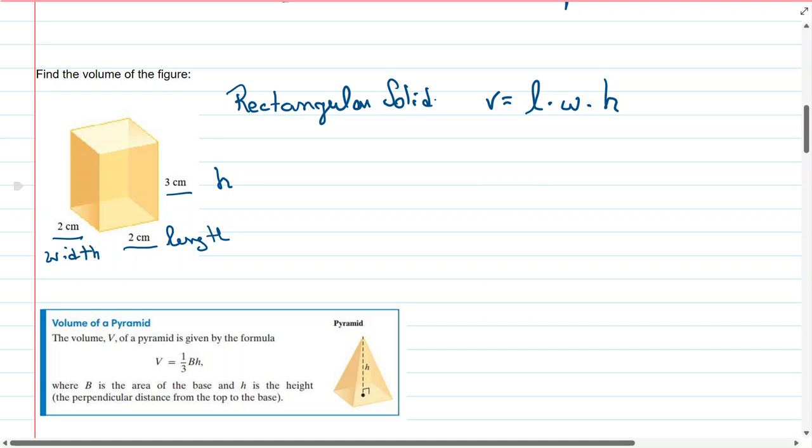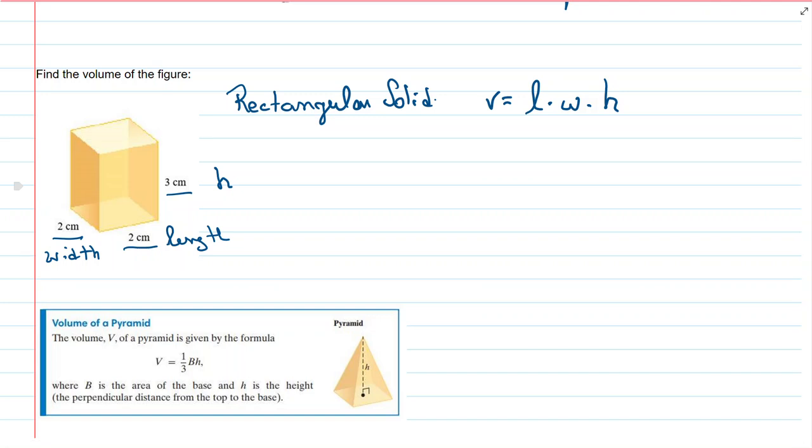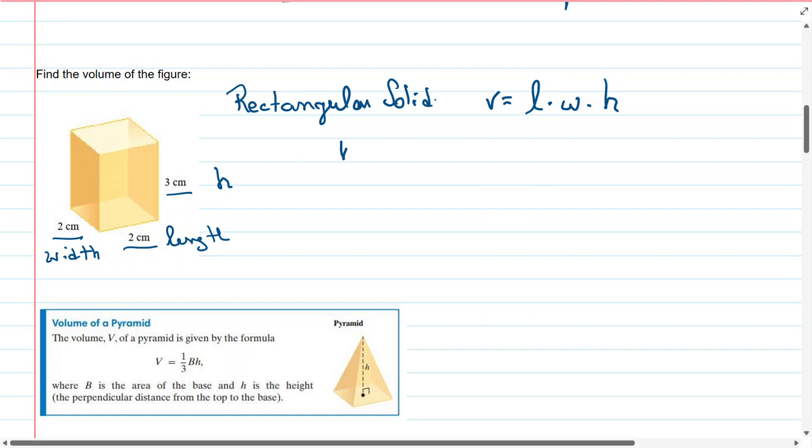So we have a square base, and the height is 3 centimeters. So all units the same. So if we're looking for the volume, it is 2 centimeters times 2 centimeters times 3 centimeters. All right.